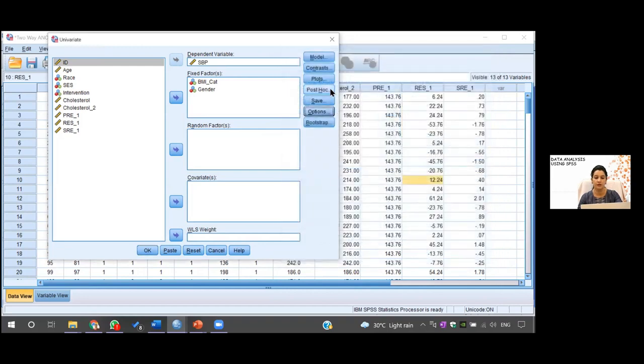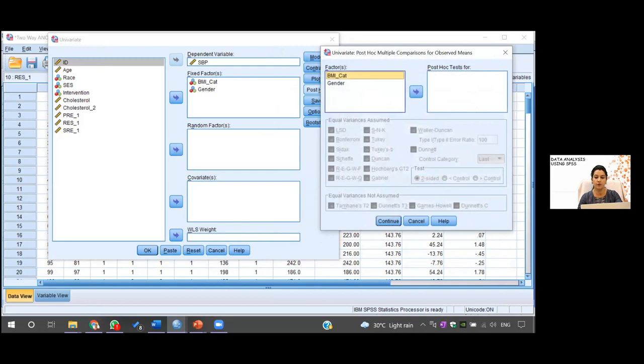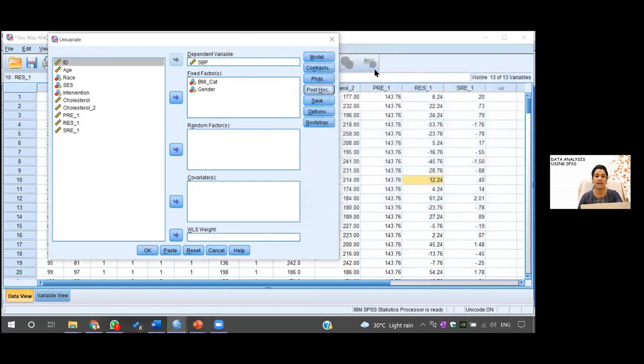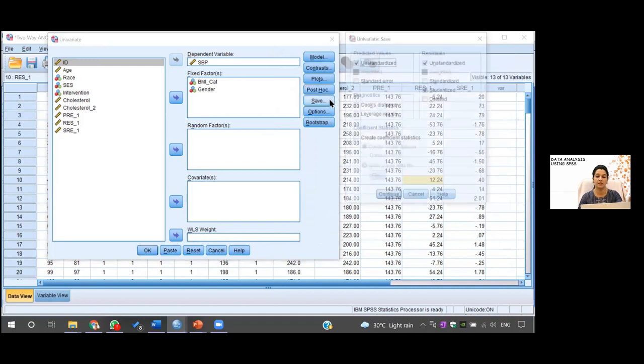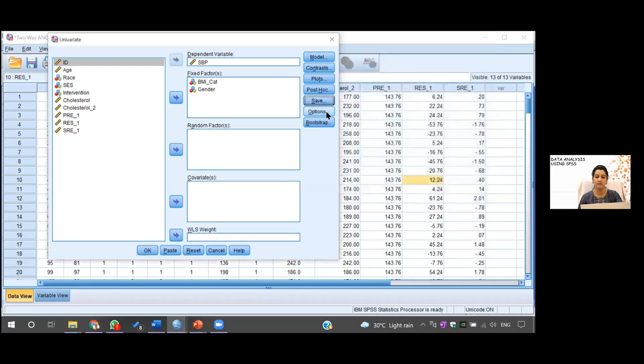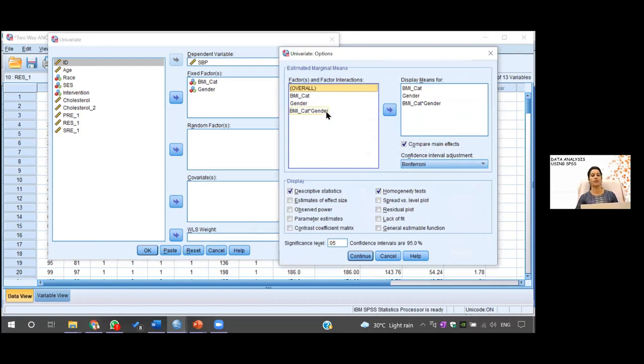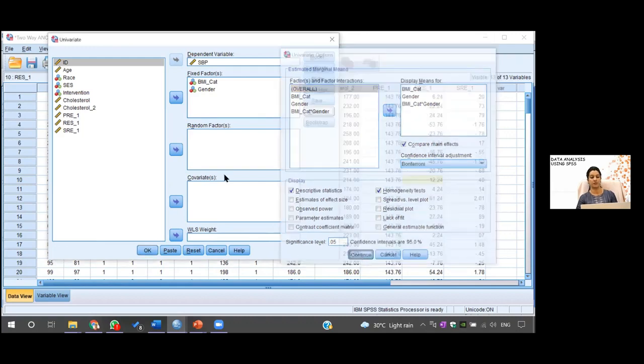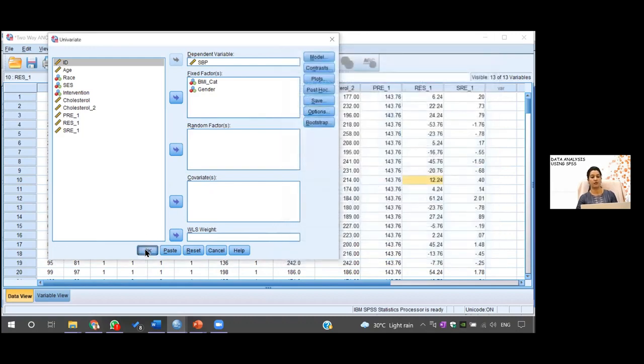Now I'm not clicking on this post hoc because that will create confusion for you. I have clicked this save option and unchecked this. I press continue, and I want estimated marginal mean separately with main effect of BMI category and gender. So I'll press continue and I'll press OK.